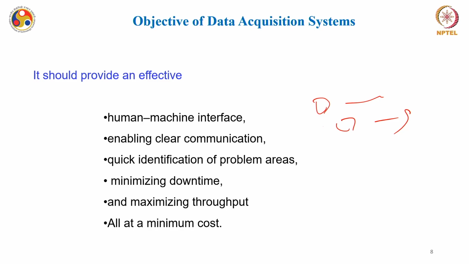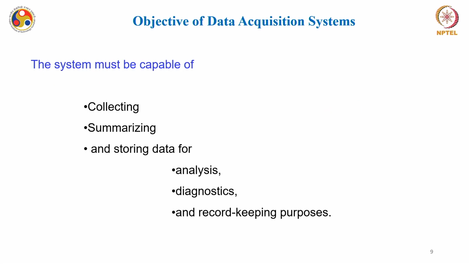Another objective should be to minimize the downtime of the system and maximize the throughput, and all of this should be done at a minimal cost. The system must be capable of collecting, summarizing and storing the data for further analysis, diagnostics and record keeping purposes.